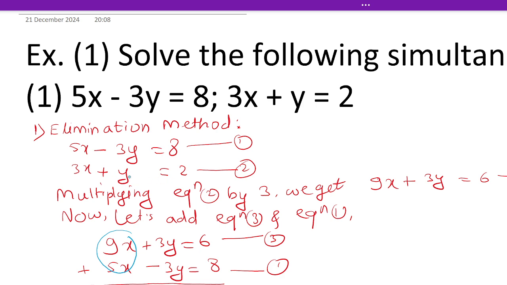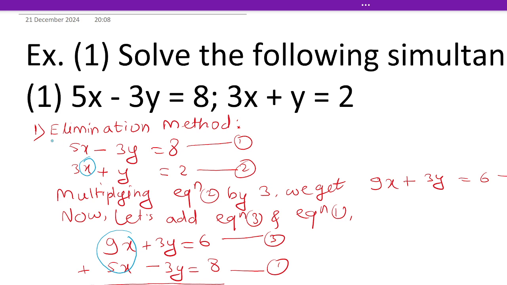So when I put x equals to 1, this x we will replace by 1. So 3 into 1 plus y equals 2. Therefore 3 into 1 is 3, and since it is plus, when we switch the side it will go as minus 3. So y equals to 2 minus 3, which leads us to y equals to minus 1. Therefore x, y equals to 1 and minus 1.